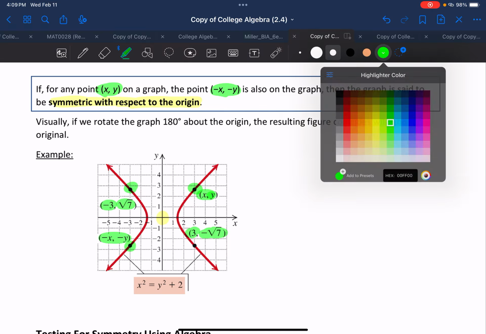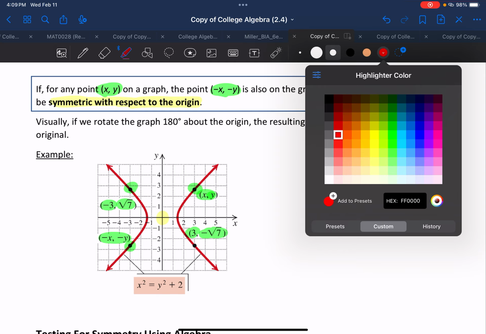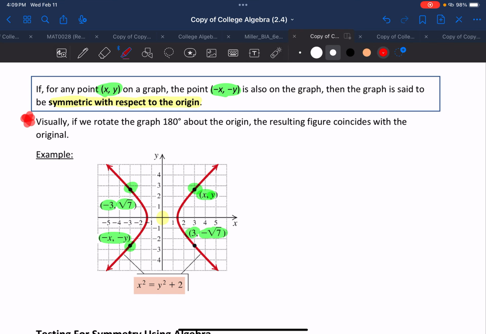Visually, if I take this entire graph and I rotate it 180 degrees about the origin, then the resulting figure will coincide with the original. So if I take that entire red graph and rotate it about the origin, then we would end up with the same function.